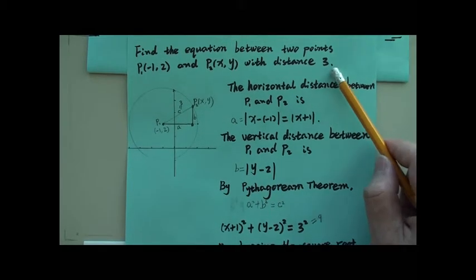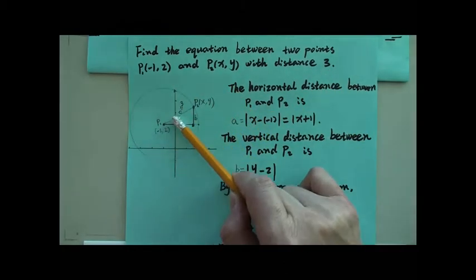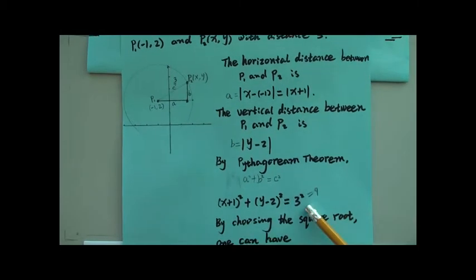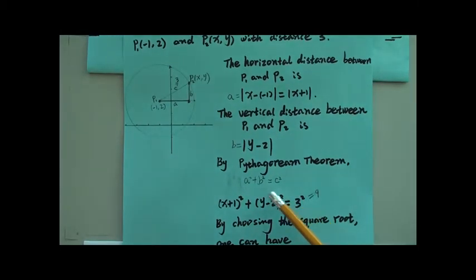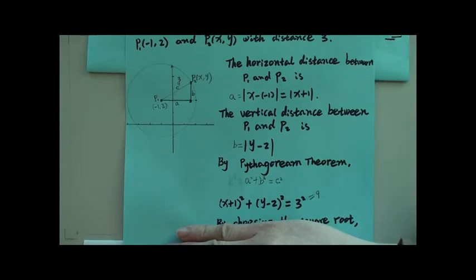The distance we know has to be 3 between P1 and P2. So the hypotenuse in this case is 3. So 3 has to be squared, because A squared plus B squared is C squared, and that's 9. Okay, 3 squared is 9. This actually is the equation, you can end up here.